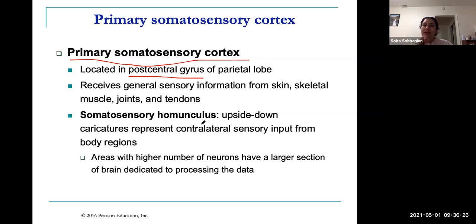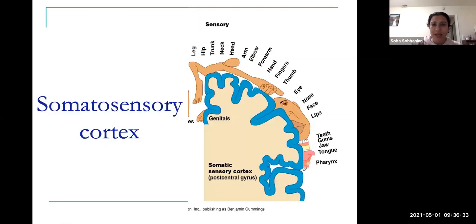If you take your post-central gyrus, which is the image we have on the next slide, and you assess which part of this post-central gyrus receives data from what part of your body, you notice that parts of your body collect a lot of data, and the other parts of the body do not. So what does that mean exactly?